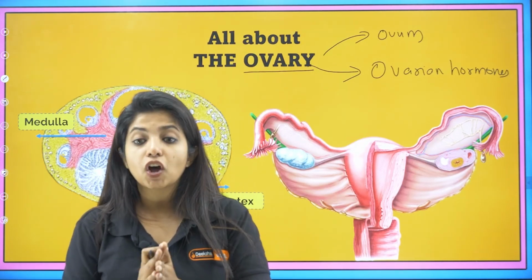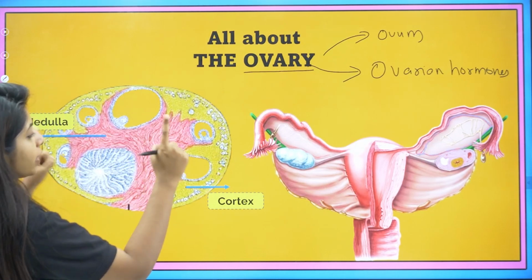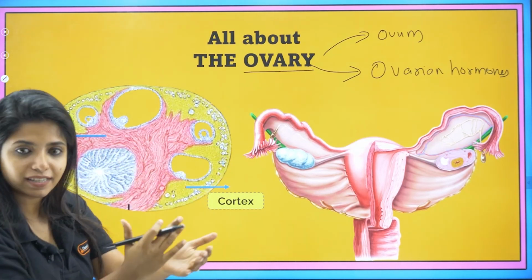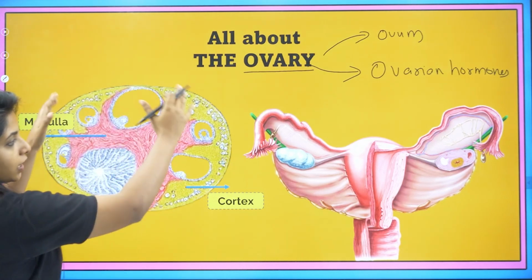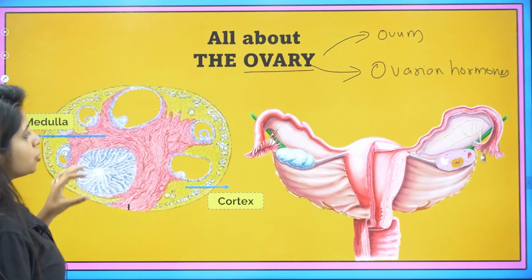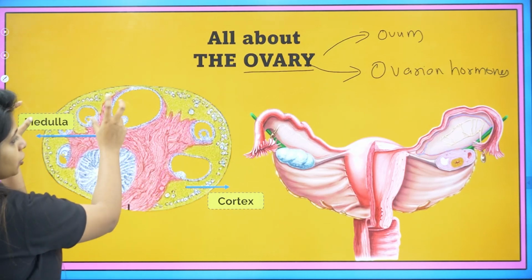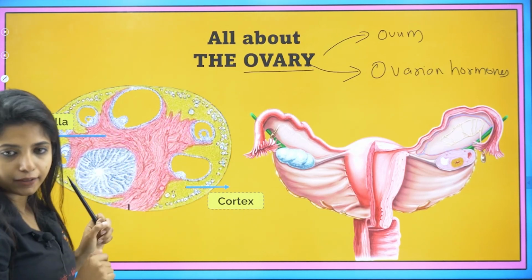Now, if we talk about the structure of the ovary, I want you to look at this picture and have an understanding before we read what is there in the NCERT. If you cut open the ovary like this, you will find a yellow region, the outer region, and the inside region denoted by pink or red in color.